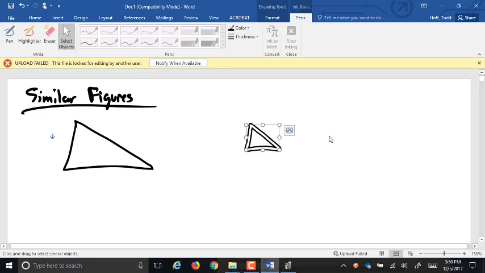It's still the same shape, it's just been shrunk, it's been reduced.